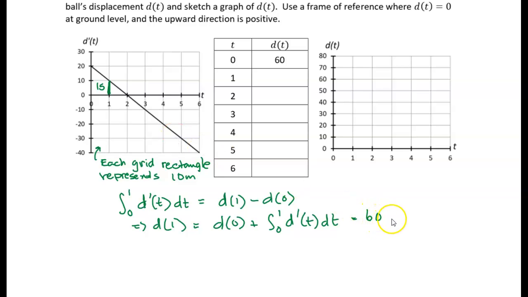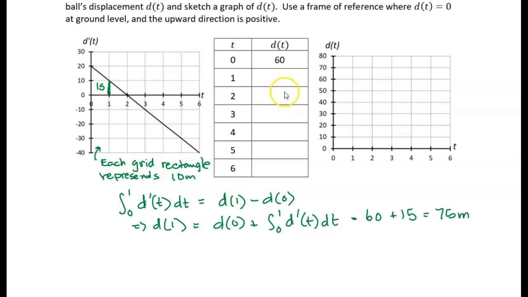So we add 15 meters to 60, and after 1 second, the ball's displacement is 75 meters with respect to the ground, because we're measuring everything with respect to the ground.